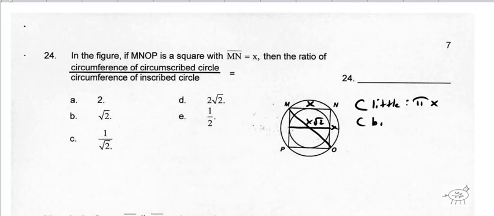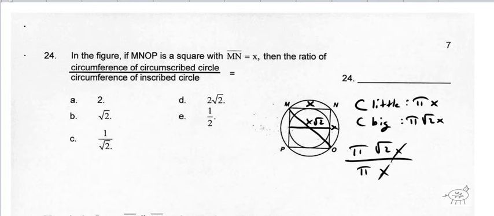So circumference of the big circle is pi root 2 x. The circumscribed is the big one, so it's the big one over the little one. The x's cancel, the pi's cancel, and your answer is just root 2, which is B.